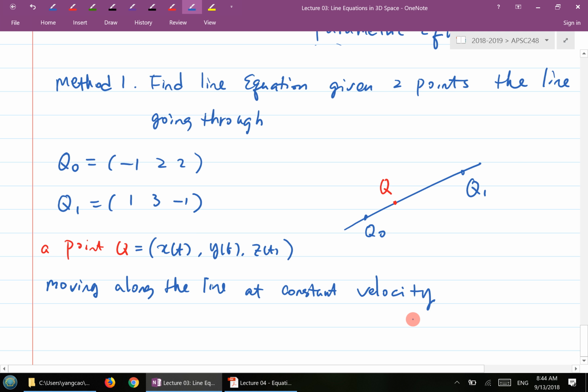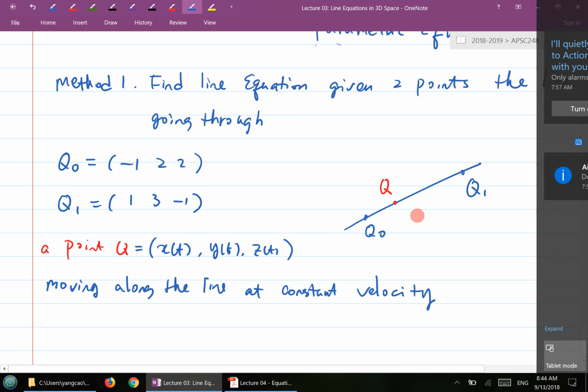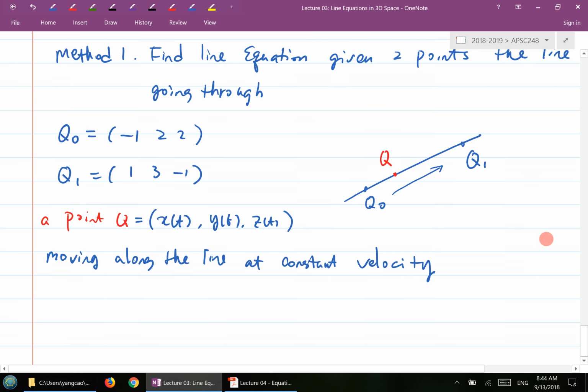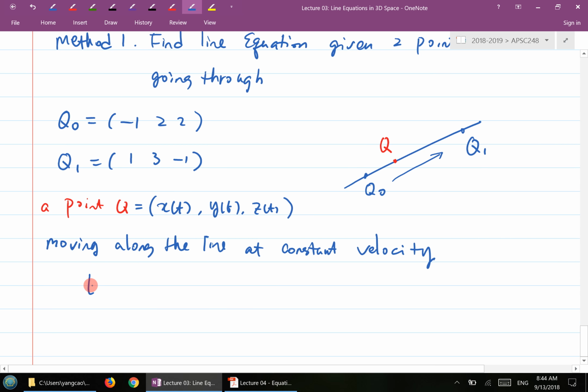So I used the word velocity instead of speed because velocity is a vector concept. Okay? So basically it means your Q point is moving in this direction here. And more precisely, let's say at t equal to 0, initially, this Q is at Q0.